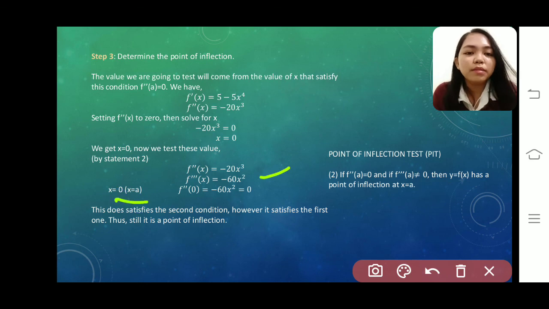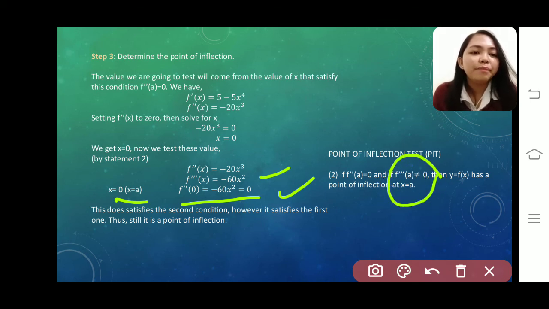So, pag sinubstitute natin yung value nung nakuha nating x, ang nakuha natin is equal siya to 0. Pero, dito, hindi niya sinatisfy na dapat yung third derivative natin is not equal to 0. Pero, dito nag-equal to 0 yung value natin.